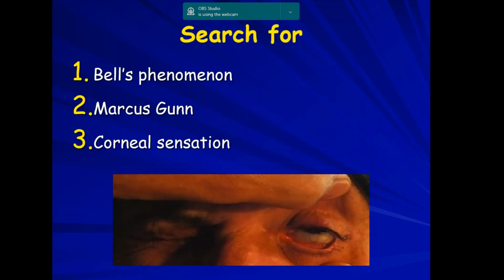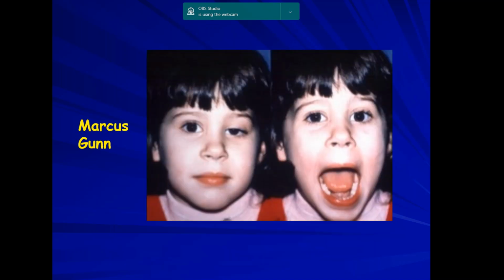Then search for Bell's phenomenon, Marcus Gunn, and corneal sensation. These three items are very important as they affect our decision in surgery. Bell's phenomenon, we all know it, is when the eye globe moves upward while closing the eye. Marcus Gunn is a misdirection of a mandibular nerve branch to the levator muscle.